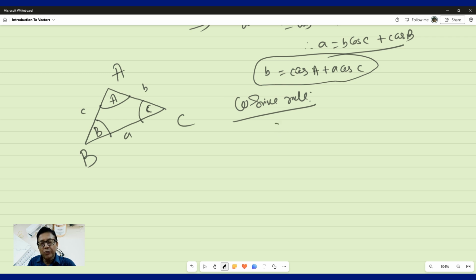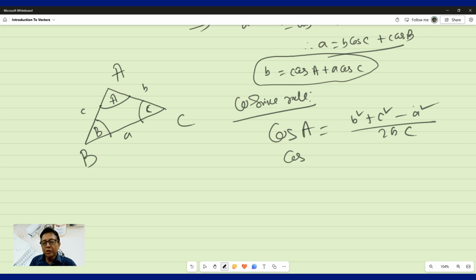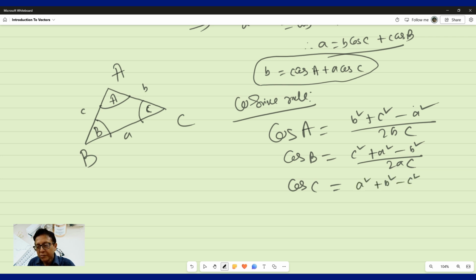The cosine rule is cos A equals b square plus c square minus a square by 2bc. Cos B equals c square plus a square minus b square by 2ac, and cos C equals a square plus b square minus c square by 2ab.